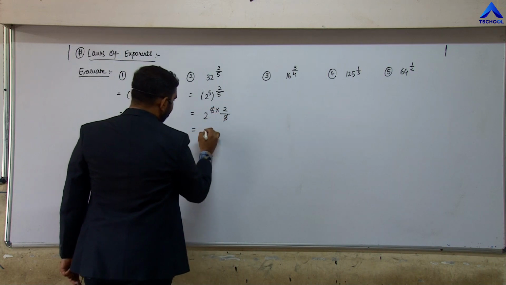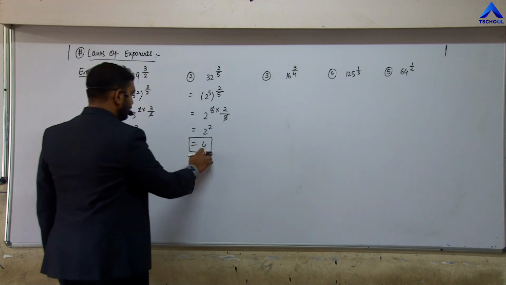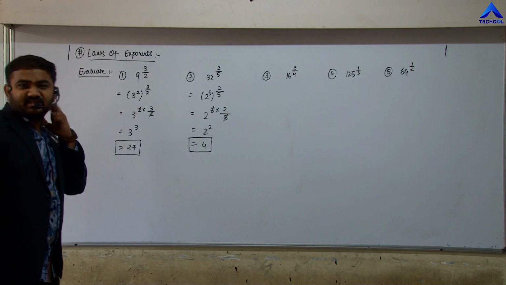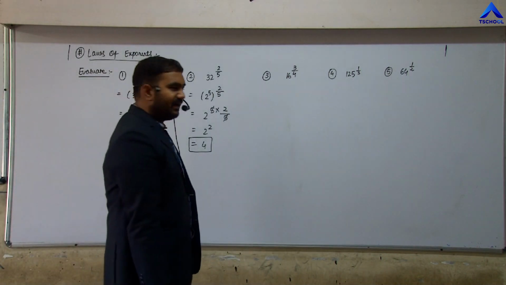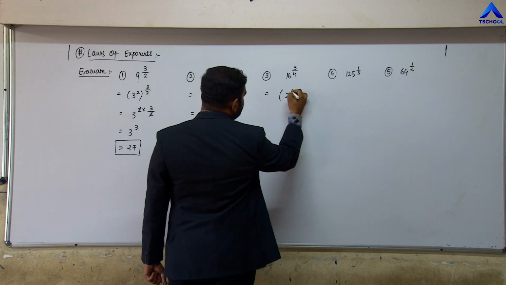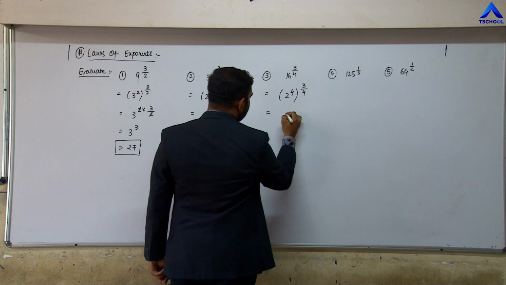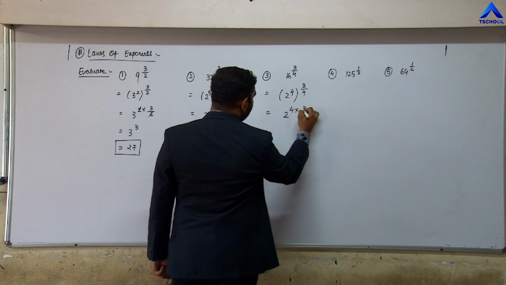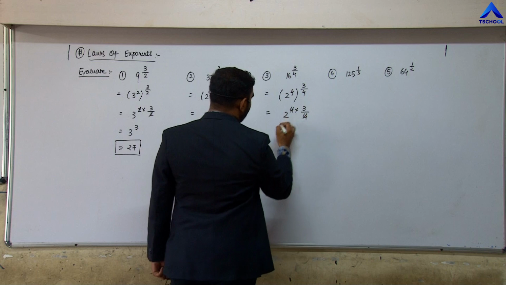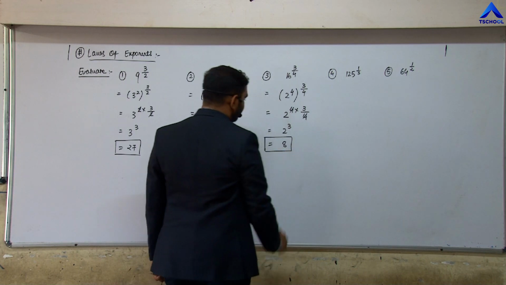This 5 and 5 can be cancelled, that is 2 raised to 2, which equals 4. Is it clear friends? These are very easy for us to solve now. Here again we have 16, so I shall write it as 2 raised to 4 whole raised to 3 by 4, which is 2 raised to 4 into 3 by 4. This 4 and 4 cancel, that is 2 raised to 3, which equals 8, right?